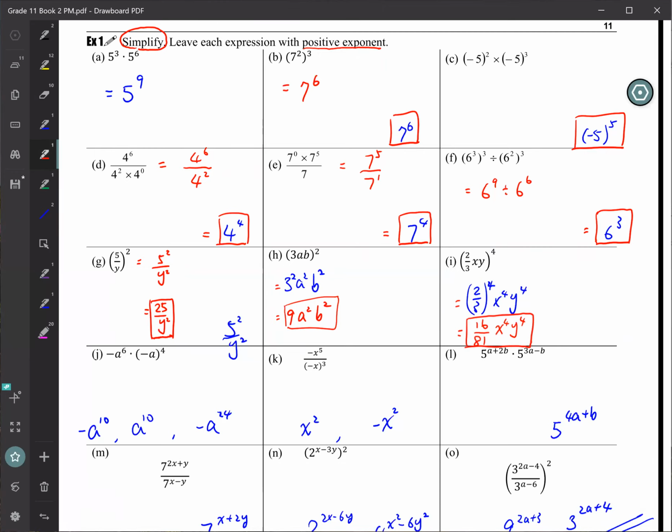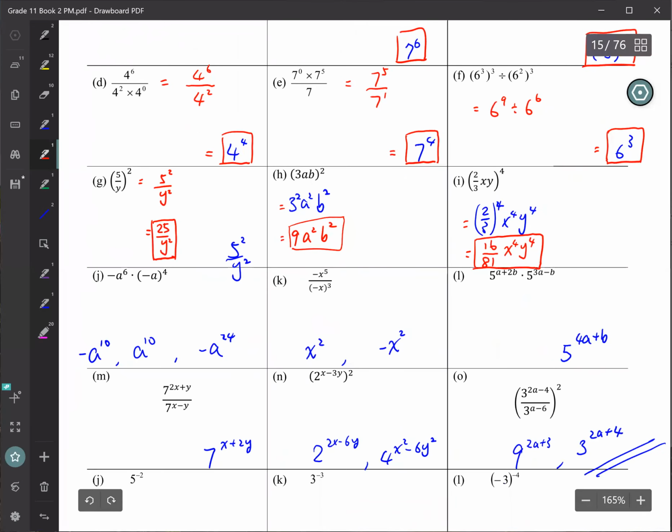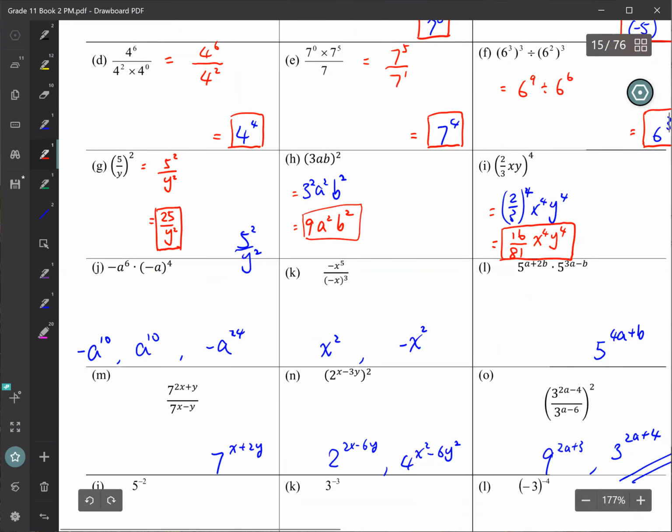Getting harder now. So we have here a positive, negative sign. So first thing, if you look at J, you have two of them.